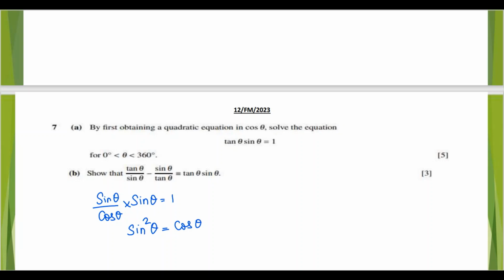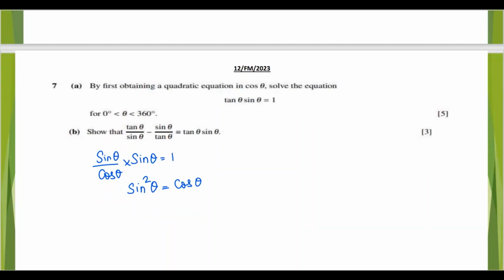For sin squared theta, let us substitute 1 minus cos squared theta and bring the cos theta to the left hand side. You will get 1 minus cos squared theta minus cos theta equals 0. We can rewrite this as cos squared theta plus cos theta minus 1 equals 0.